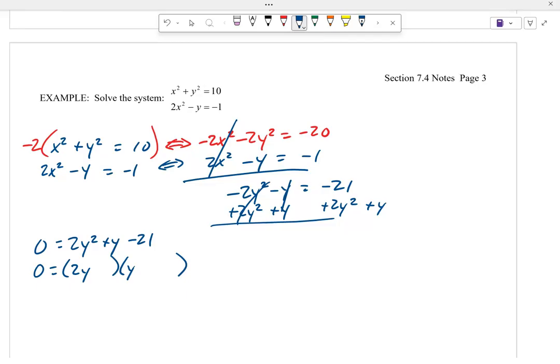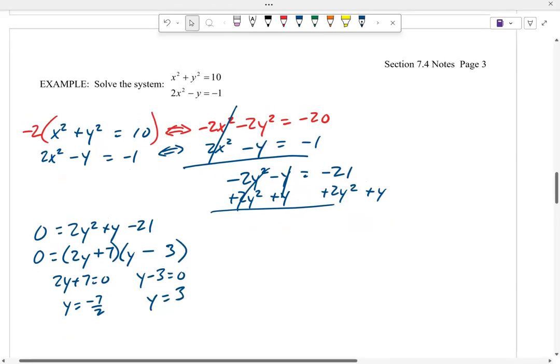Let's see, that would be 7 and 3, I think. Yeah, plus and minus there. So I get 2y plus 7 equals 0. Subtract 7, divide by 2. So I get negative 7 halves. And y minus 3 equals 0. So I got y equaling 3. Okay.